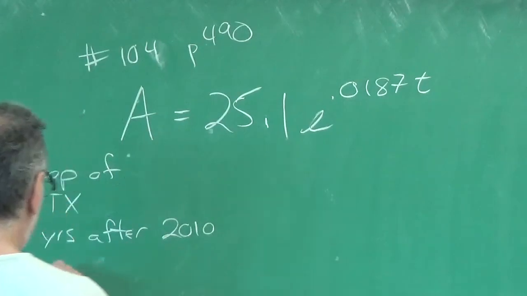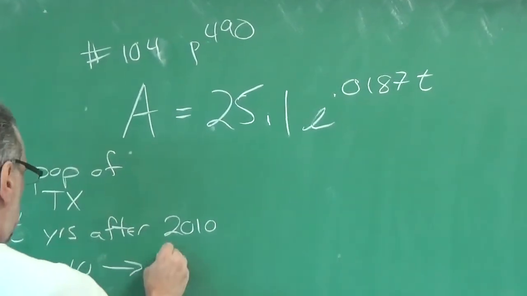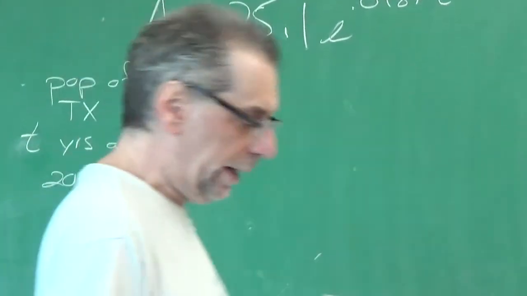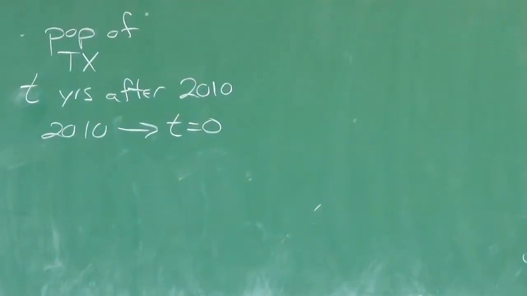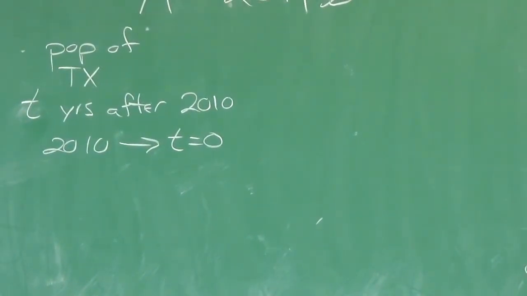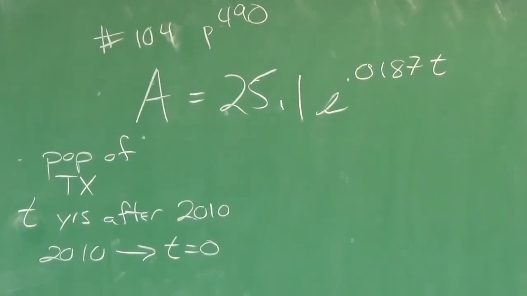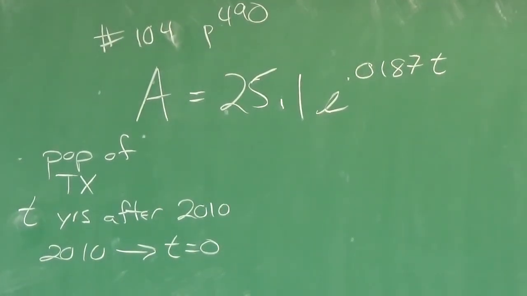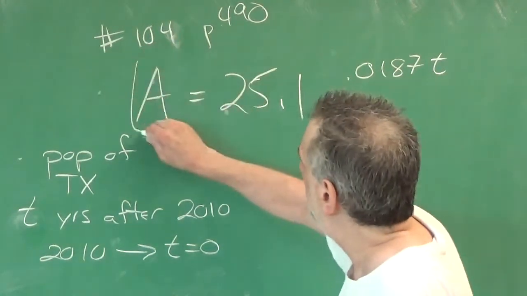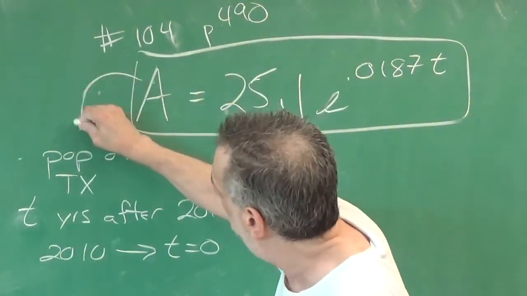So 2010 is T equals 0, and so forth, right? All right, so that's the model, that's the formula that models the population. So the first question, two questions. What was the population of Texas in 2010? So that's what this is here.